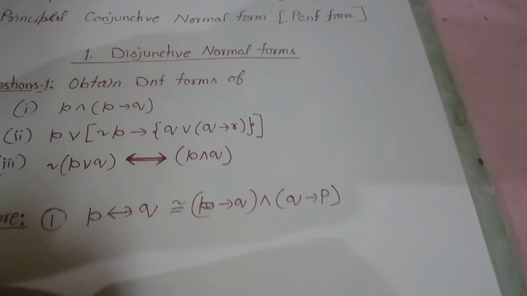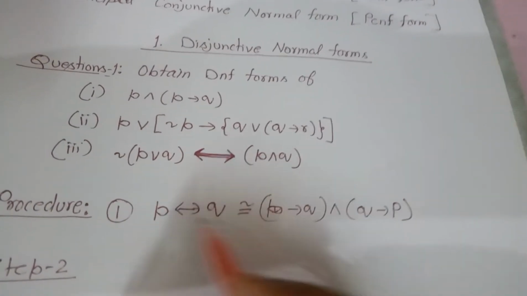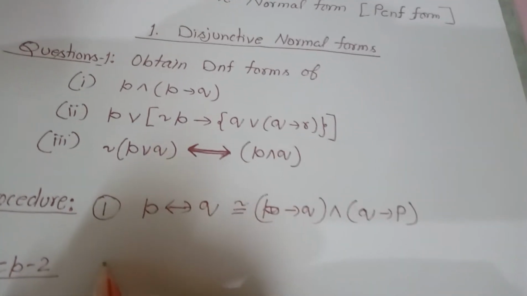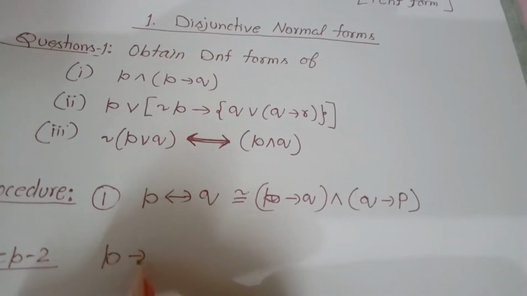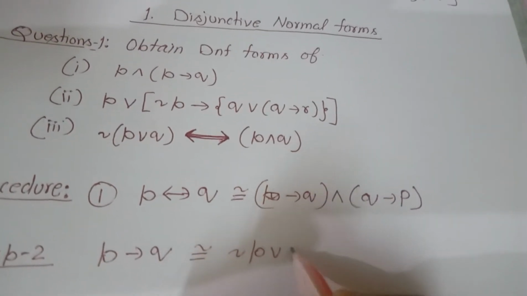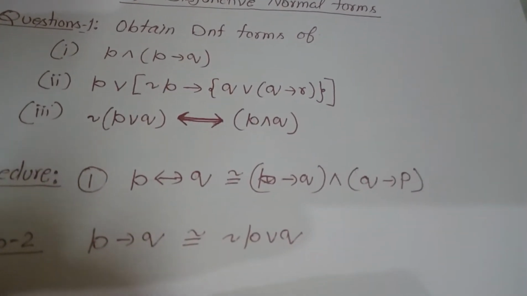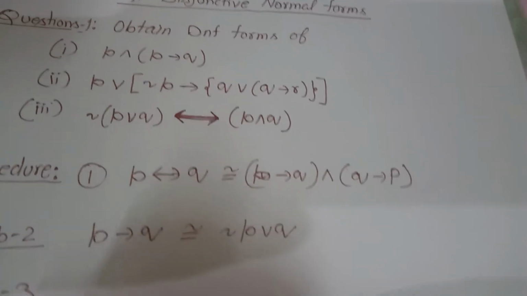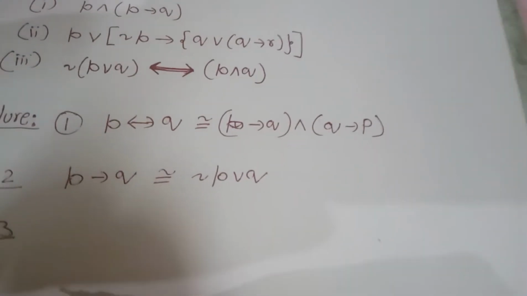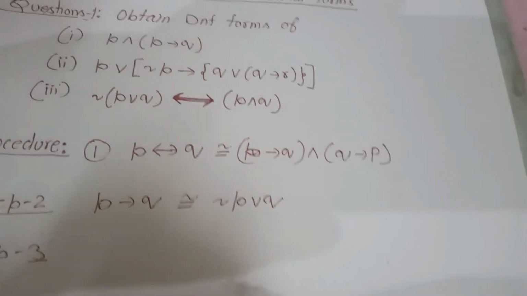In step second, we simplify the conditional signs occurring after the first step in the following way: P conditional Q is equivalent to negation of P or Q. In third step, we will use De Morgan's law to simplify the compound statements obtained from the first two steps.